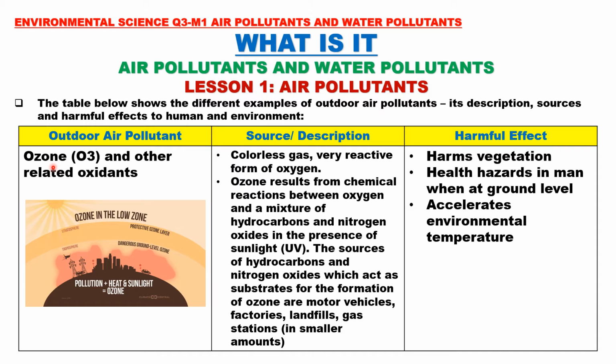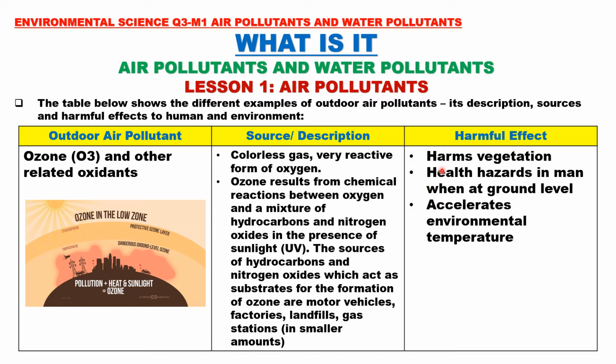Next, we have ozone or O3 and other related oxidants. Ozone is a colorless gas, a very reactive form of oxygen. Ozone results from chemical reactions between oxygen and a mixture of hydrocarbons and nitrogen oxides in the presence of sunlight. The sources of hydrocarbons and nitrogen oxides, which act as substrates for the formation of ozone, are motor vehicles, factories, landfills, and gas stations.